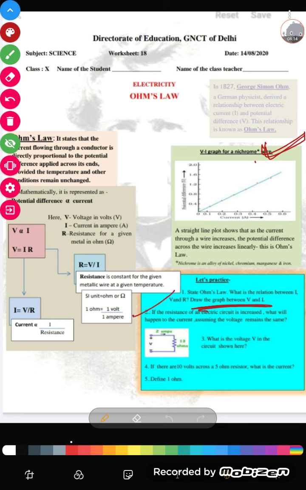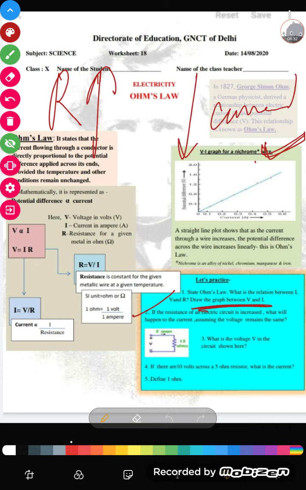If the resistance of an electric circuit is increased, what will happen to the current, assuming the voltage remains the same? Students, as I told you, if the resistance of the electric circuit increases, then the current decreases.